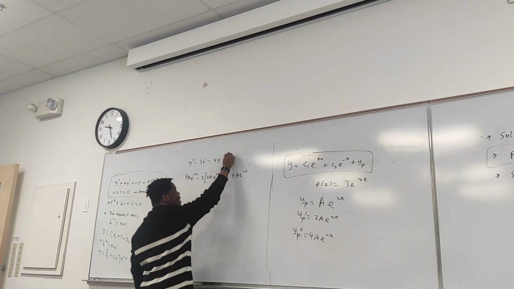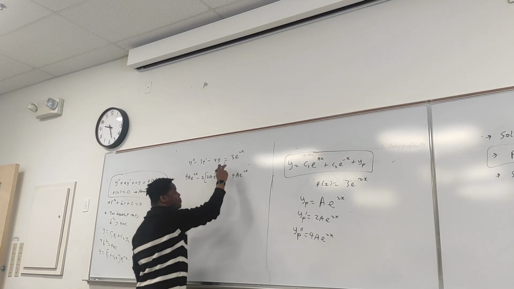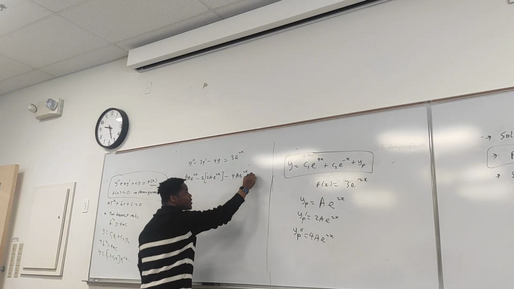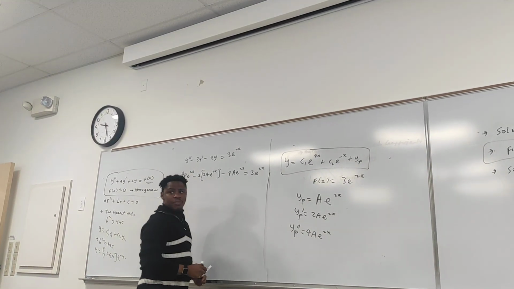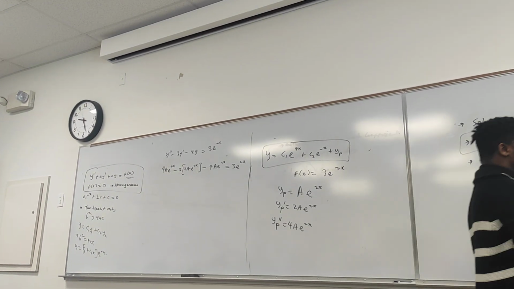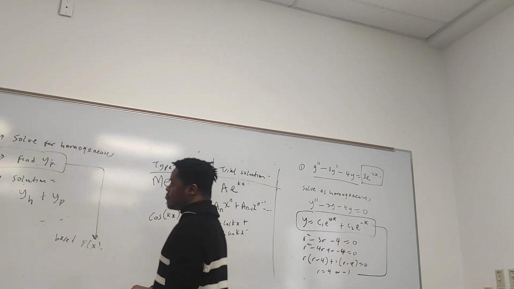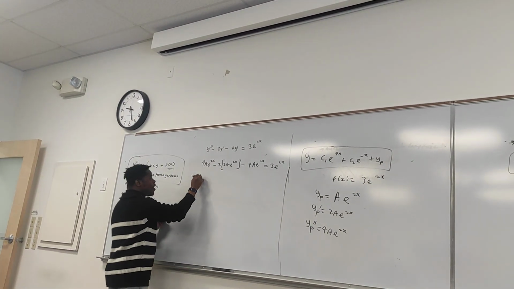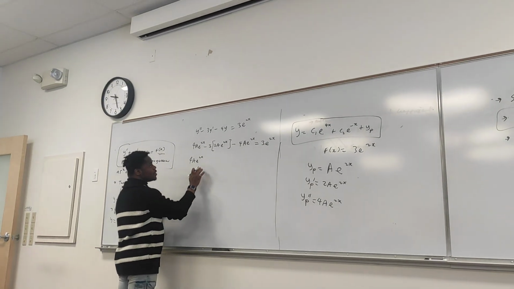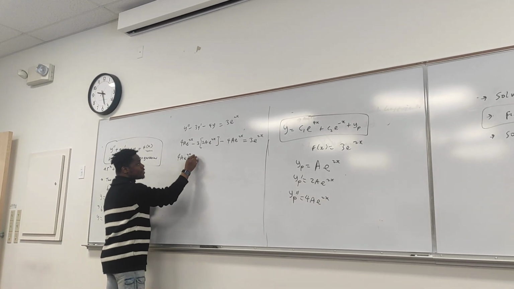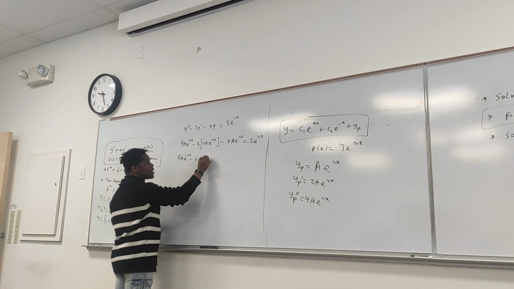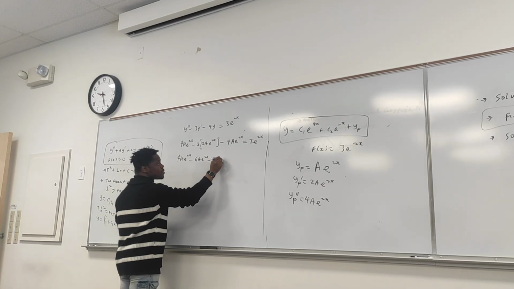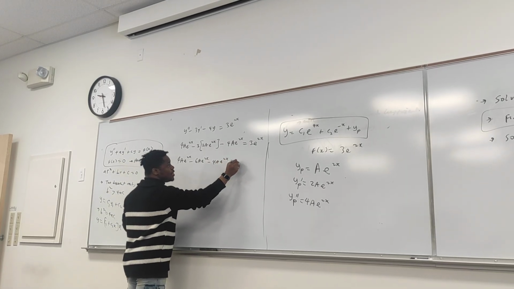Remember, this is equal to 3 exponential 2x. So it becomes 4a exponential 2x minus 6a exponential 2x minus 4a exponential 2x is 3 exponential 2x.